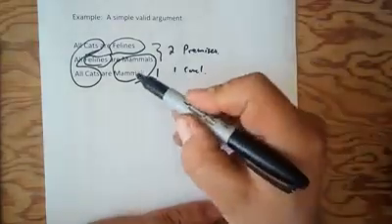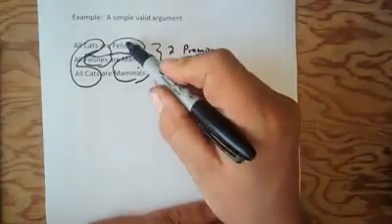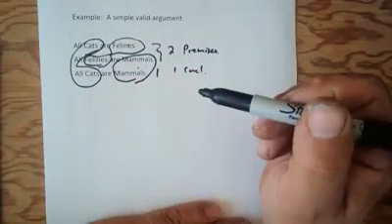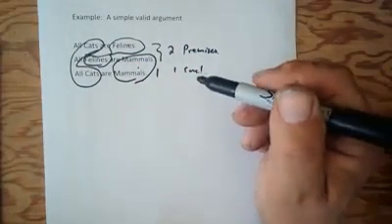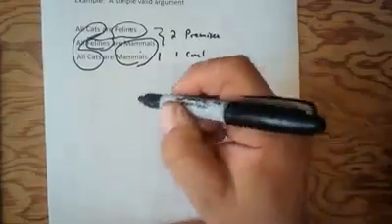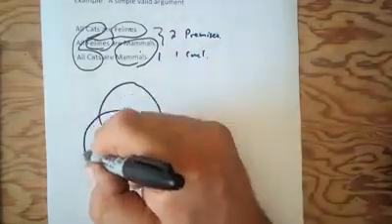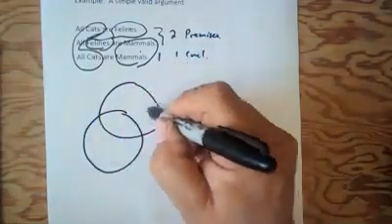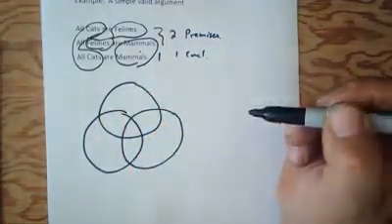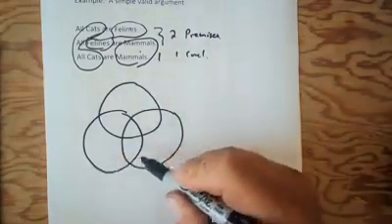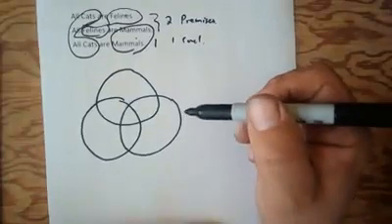In effect, we're going to represent each of those three categories with a single circle. And the way we're going to do that is we're going to draw three overlapping circles like this. And we're going to have one above and two below.